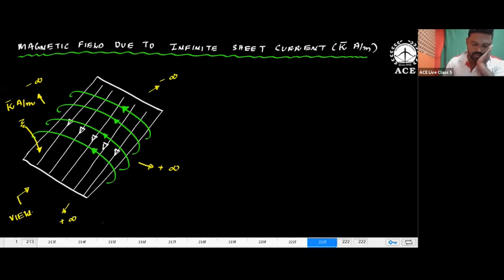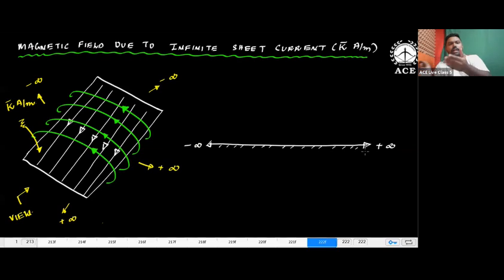Now observe here carefully. I'm going to draw that view. Here it is minus infinity to plus infinity. It is the infinite sheet. Current is coming outside, beta, because I'm looking at this view.